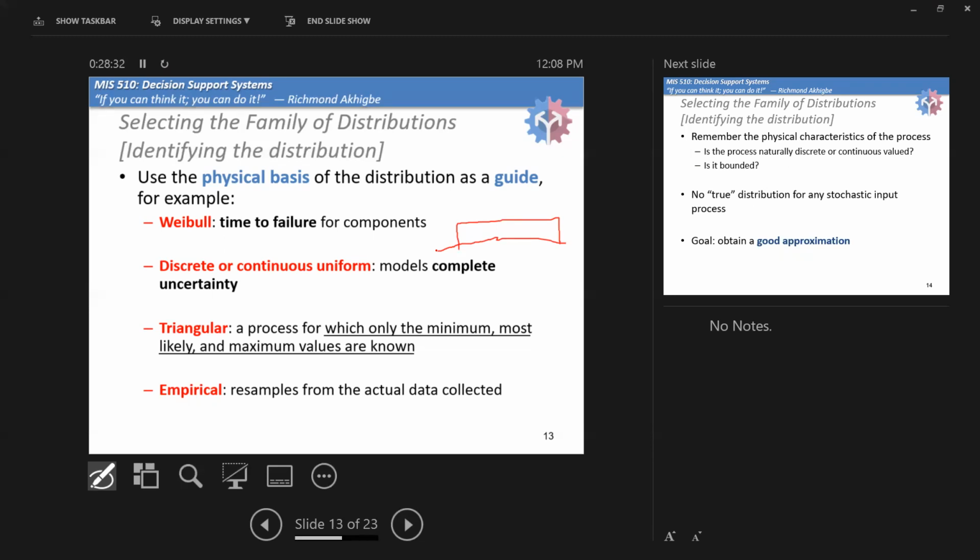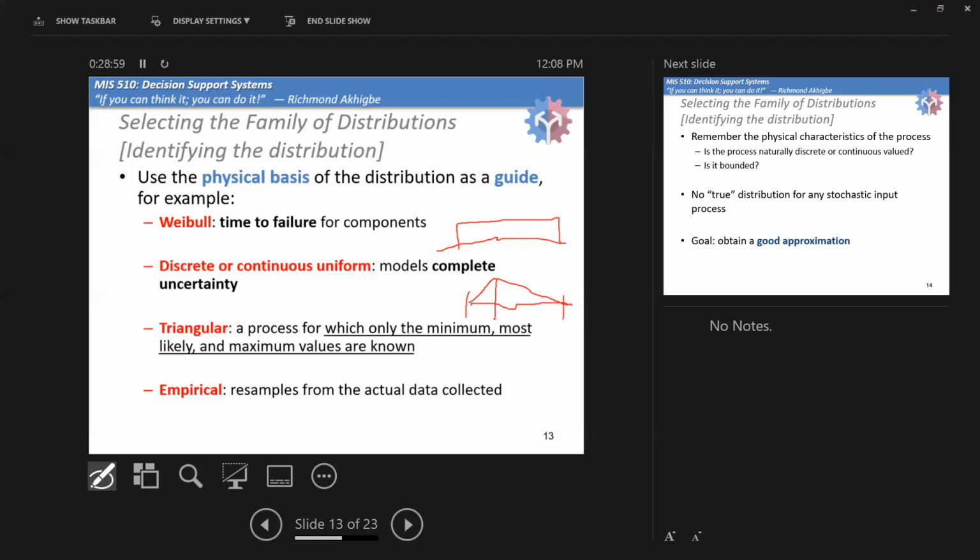If it is a continuous process, then you say continuous uniform. Both have equivalent form. Then there is something called triangular. Triangular comes when you have one more piece of information beyond that. You still don't know much, but you know the minimum, the maximum, and what is happening more frequently. We use a distribution called triangular.